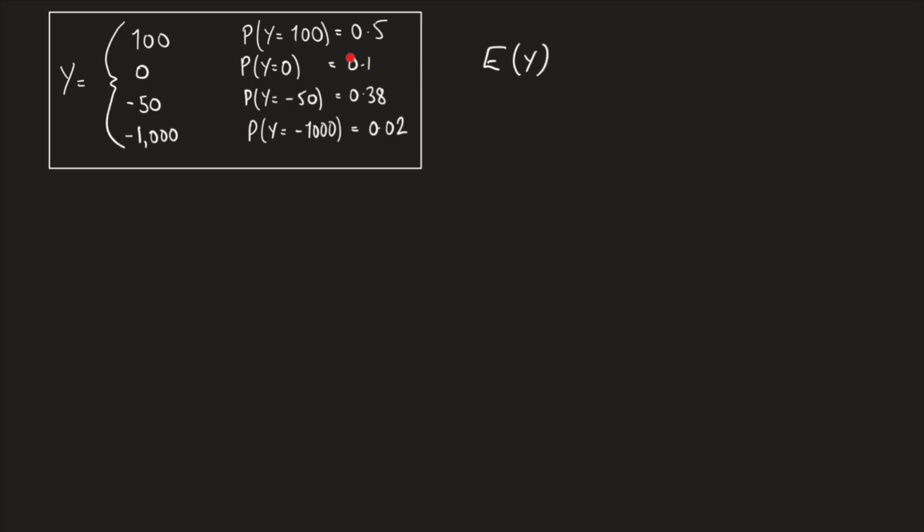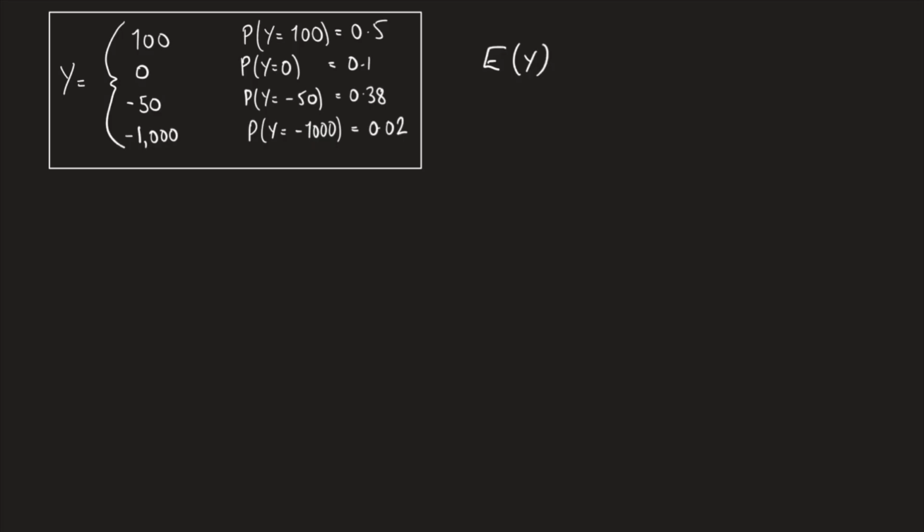With probability 0.1, you make zero profit, so that's 10% of the time. With probability 0.38, you make a loss of £50, so 38% of the time you make a loss of £50, and with probability 0.02, you make a loss of £1,000. That is 2% of the time you'd make a loss of £1,000.